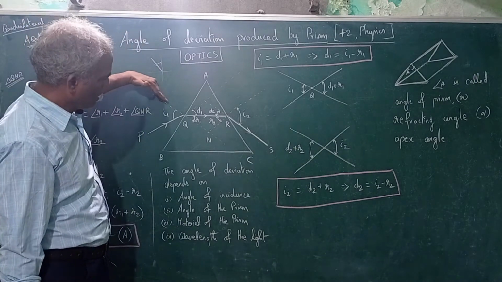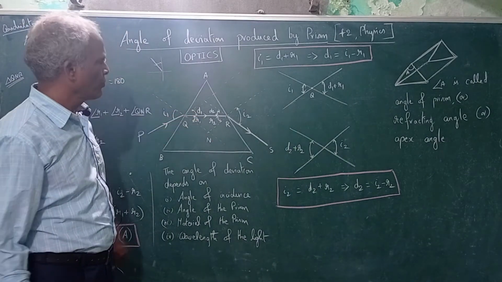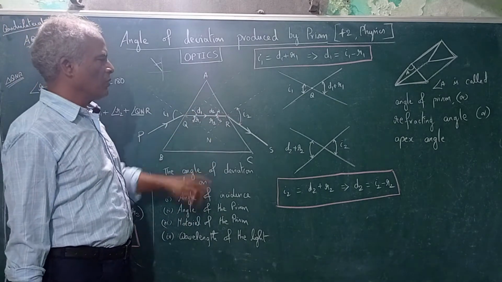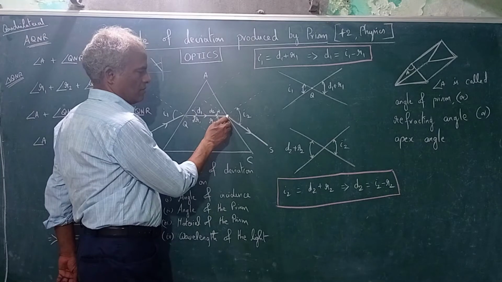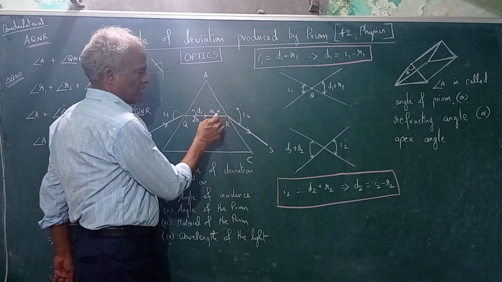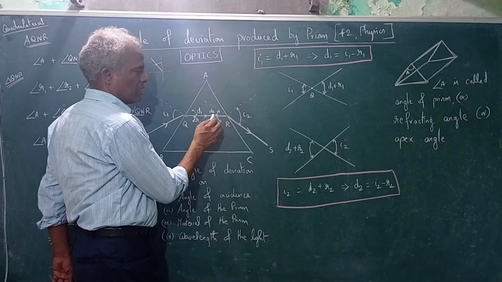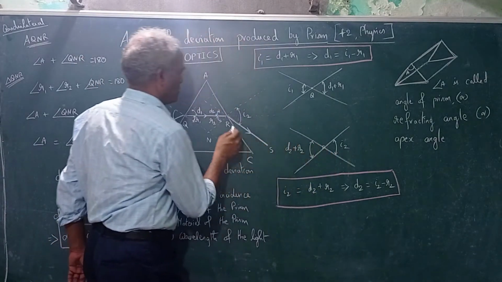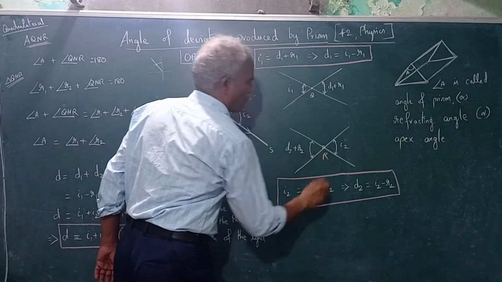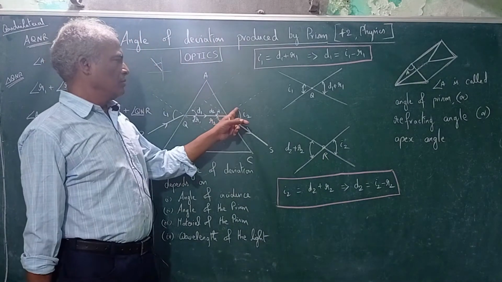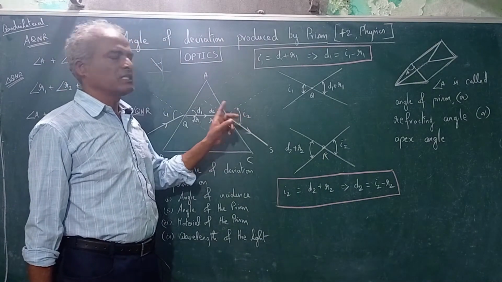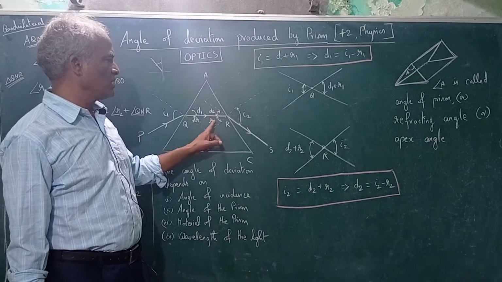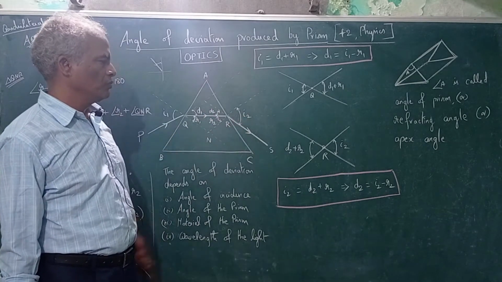So this is D1 plus R1. If you consider this point R, you have this angle as D2 and this angle as R2. So it goes like this. This is the point R. Now the angle between this point and this point is I2. That means D2 plus R2 is equal to I2.